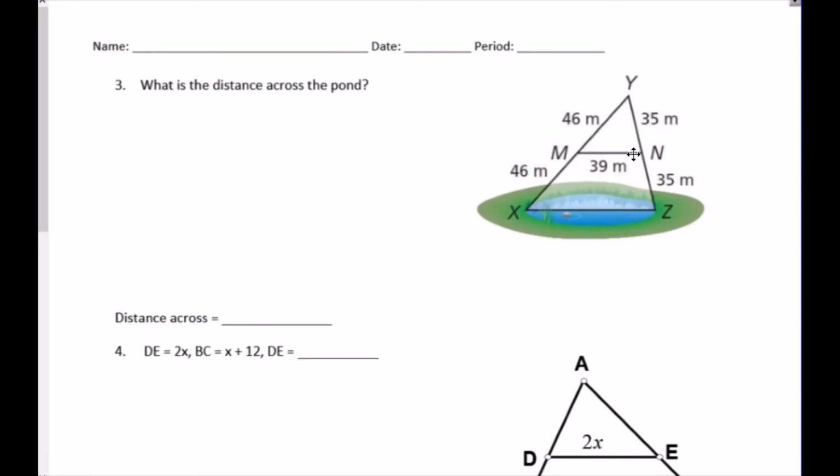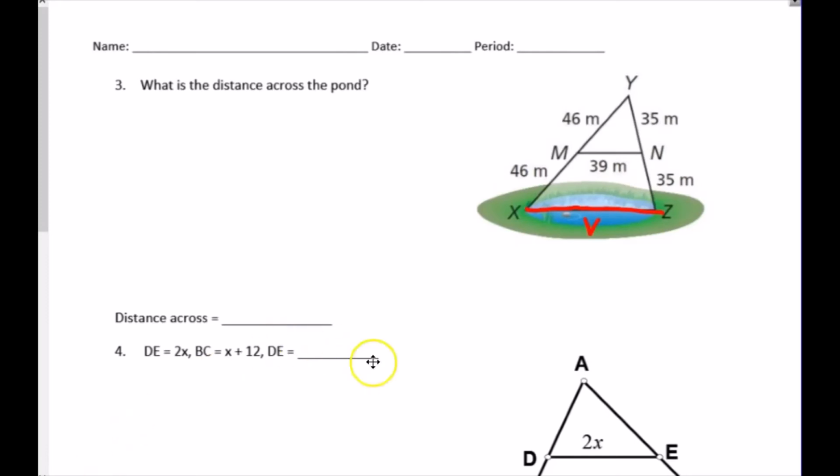It happened randomly that there would be a triangle sticking out of a pond, and that they would ask to find out the distance across the pond from X to Z. Right. So from X to Z, I'm going to label that V, just because that's the variable we're not using yet.